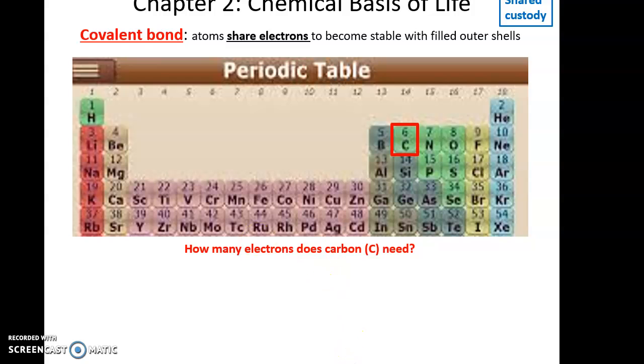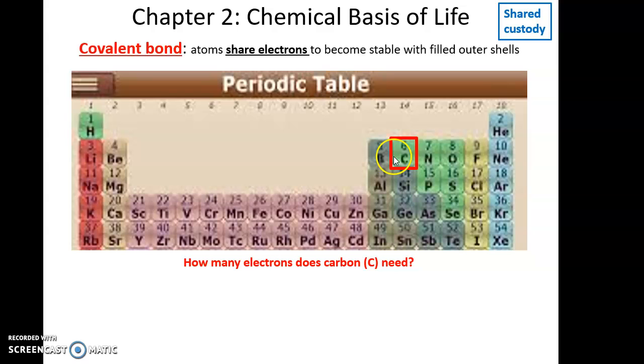Now we have, say, carbon. Carbon, nitrogen, these guys in the middle often are involved in covalent bonds, sharing electrons. So how many electrons does carbon need to become stable? Well, it needs 4. It needs 1, 2, 3, 4. To become neon, it needs to have 4 more electrons in its outermost energy shell.